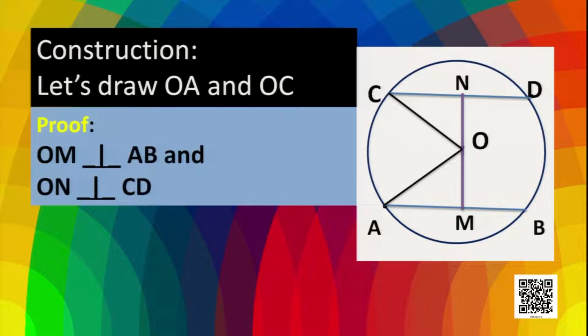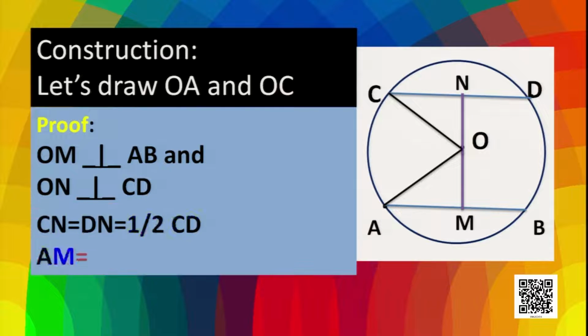OM is perpendicular to AB and ON is perpendicular to CD. As we know, the perpendiculars drawn from center onto the chord bisect it. So we can say CN is equal to DN, that is equal to half CD, and AM is equal to BM, that is half AB.